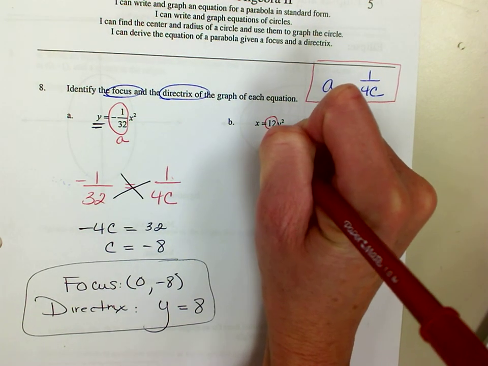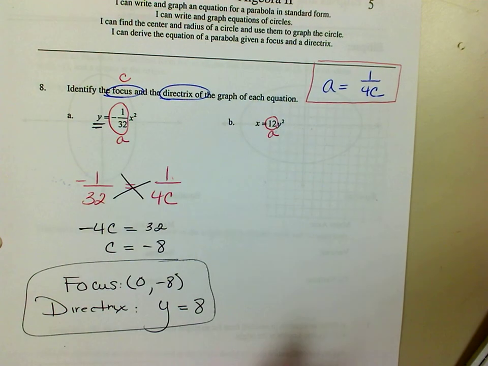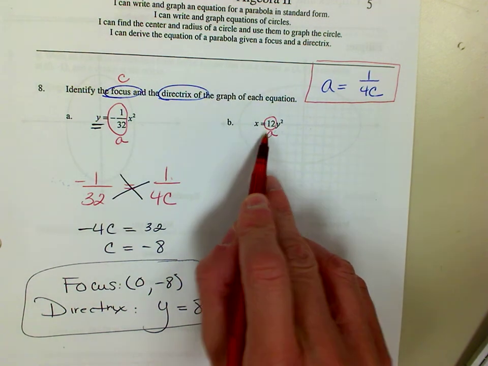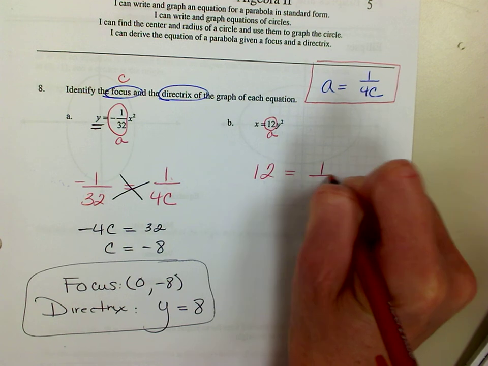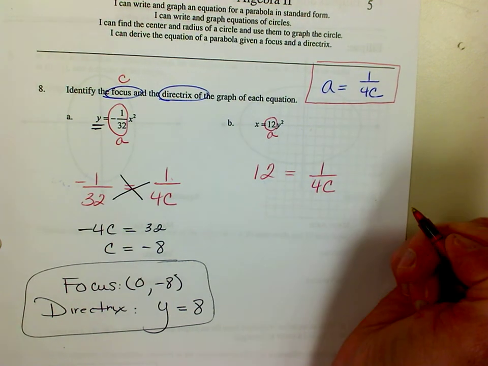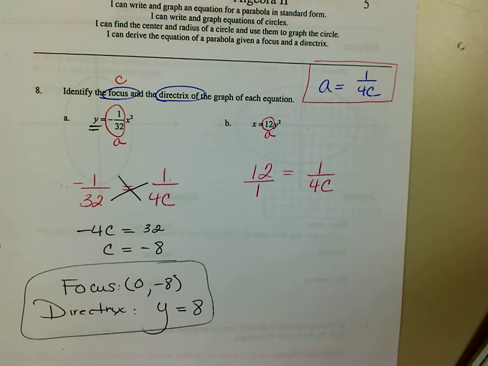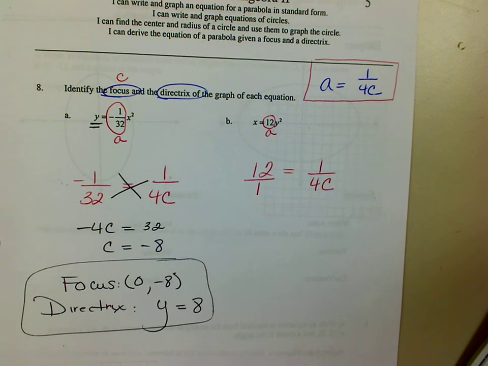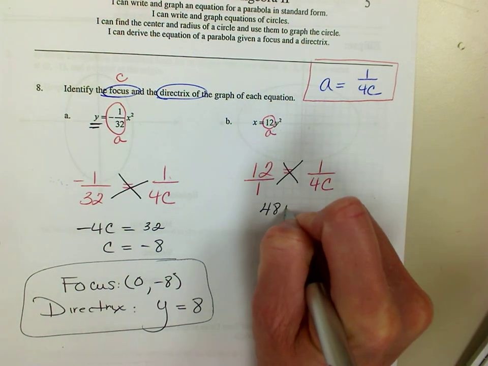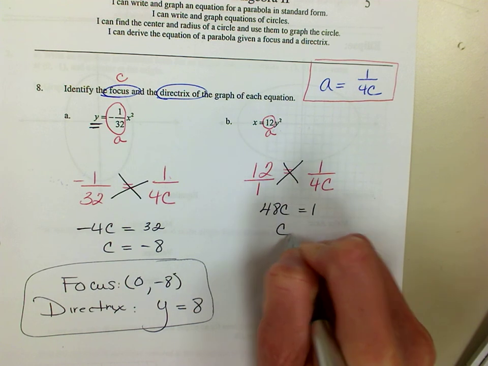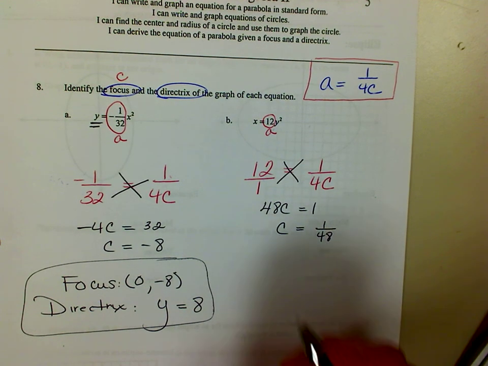So 12 is A. I have to find the focus, which is C, and the directrix. So I'm going to substitute 12 into this formula. And really, I can make this 12 over 1. I'm trying to find C, because that's what the focus is. I'm going to cross multiply. So the focus is 1 over 48.